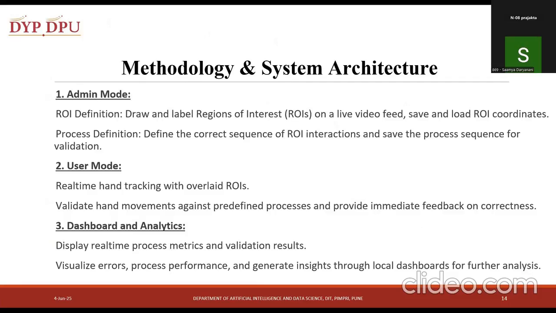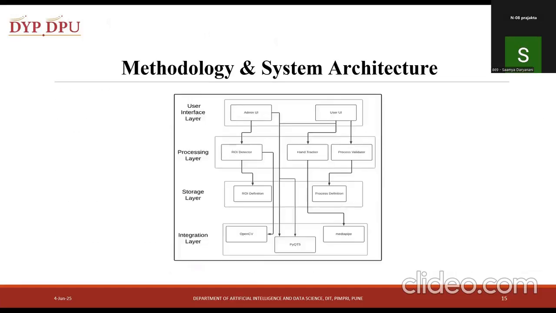We use MediaPipe and OpenCV for vision tasks and integrated ML for posture estimation. This system gives live feedback if a mistake is detected and supports a dashboard for analytics and reports.